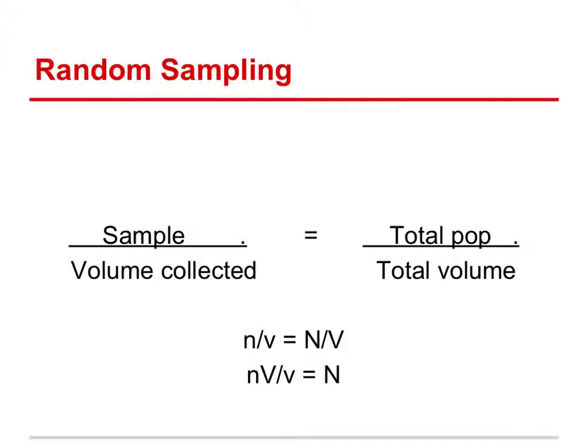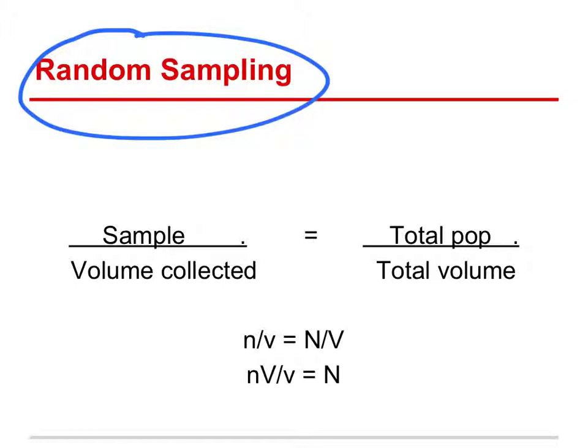So to review from our last lecture, we talked about a method known as random sampling. And we said that random sampling is all about taking a subset, taking a sample from a population, and given that sample, the volume collected, and the total volume of the area that we're studying, we can determine the total population.